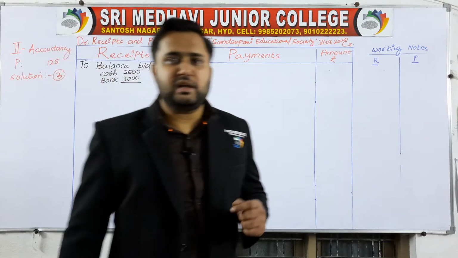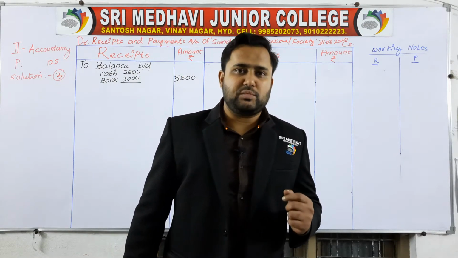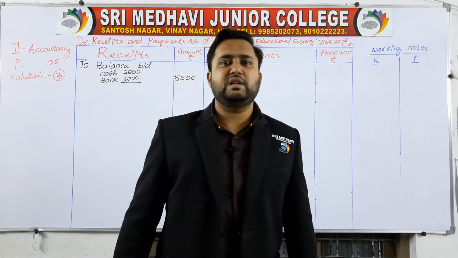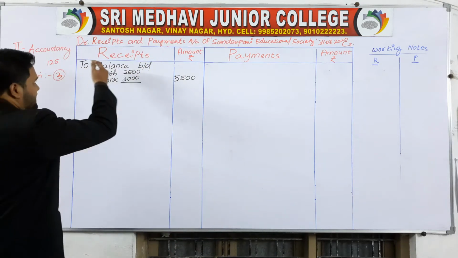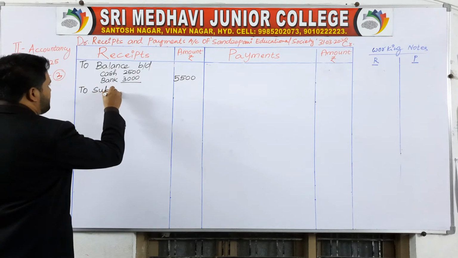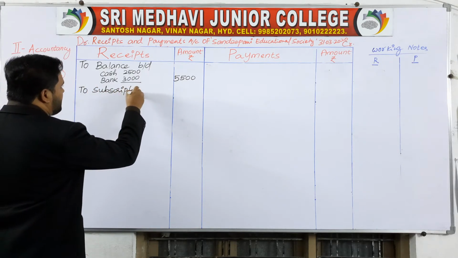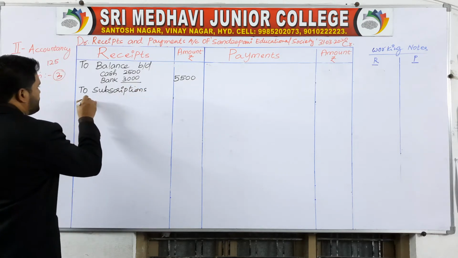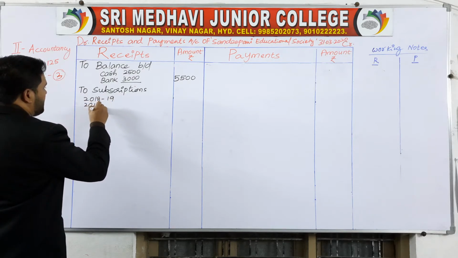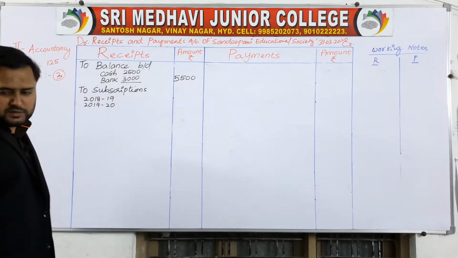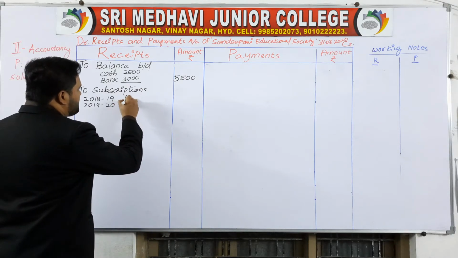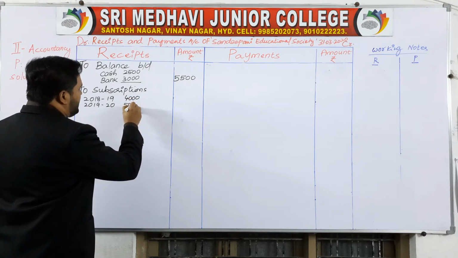Subscription received for the year 2018-19 and for the year 2019-20 is given as 4000 and 5000 respectively. Subscription received comes under the receipt side. To subscription 2018-19, 2019-20, 4000 and 5000.